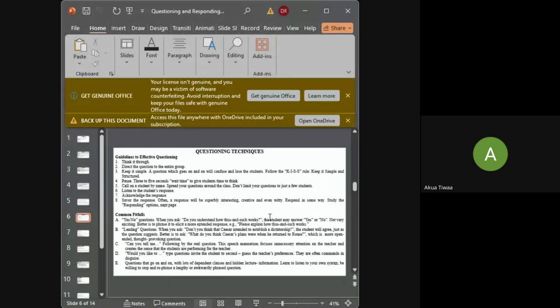Avoid questions which require the student to agree to stated assumptions before answering. And then avoid also thought blocking phrases such as, what about the fact that? So the student has answered, and then what about the fact that you know? Avoid such phrases. And then use language at the level of the class.